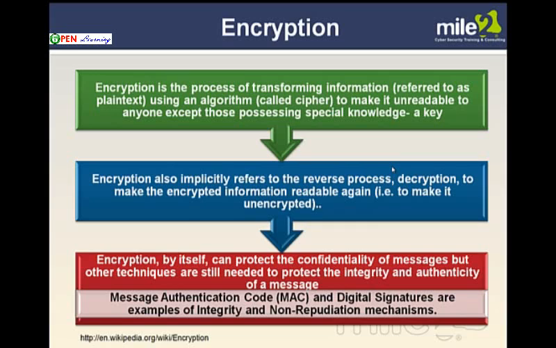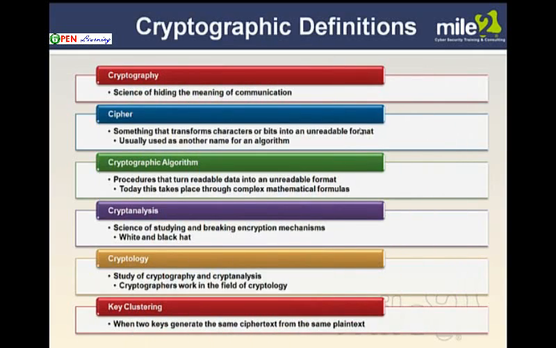Now, we still complement encryption with integrity and authenticity. We start thinking of methods like message authentication code, as well as digital signatures, which can help make up for what simple encryption and confidentiality would not accomplish. With cryptanalysis, we're looking at the science of studying and breaking encryption mechanisms.